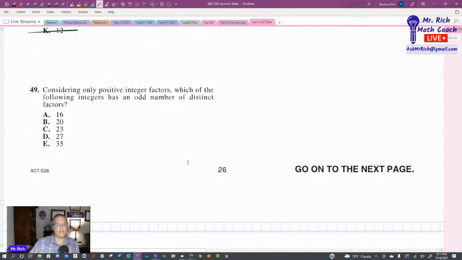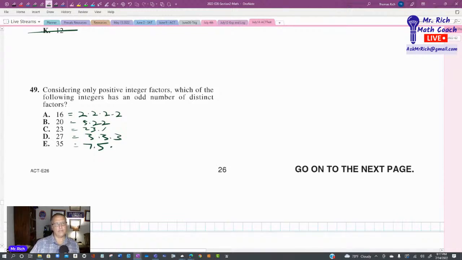49. Considering only positive integer factors, which following integers has an odd number of distinct factors? Distinct factors. Okay, so this is 2 times 2 times 2. This is 5 times 2 times 2. That's prime. That's 3 times 3 times 3. 35 is 7 times 5.